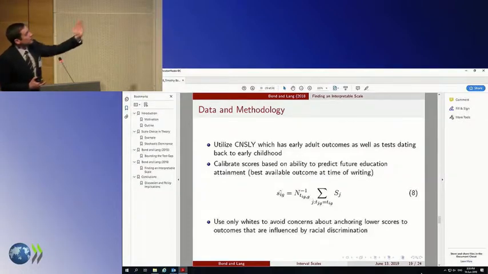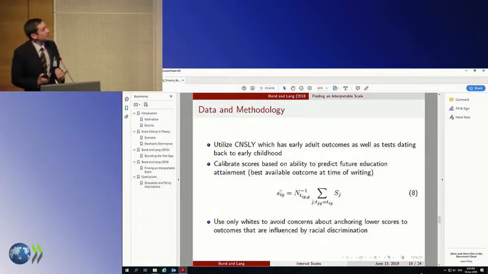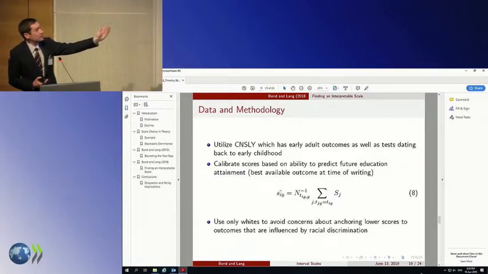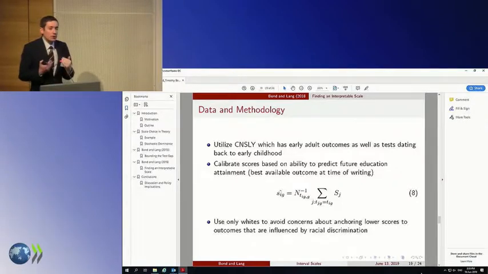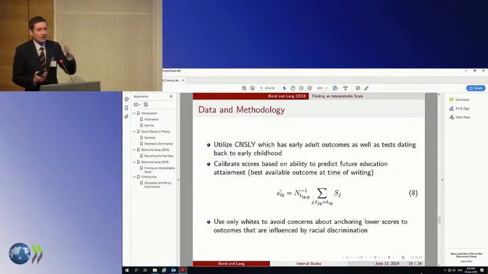So what we're going to do is calculate our rescaled test score. It's just going to be the empirical conditional mean, so the mean schooling outcome conditional on test score. We calculate that separately for each single test score in each grade. We're not forcing this to be monotonic, because of measurement error, it's going to be slightly non-monotonic in places.